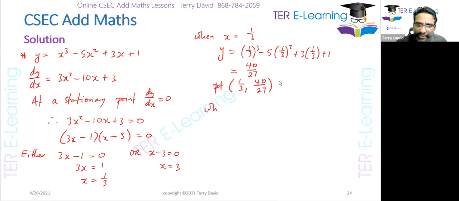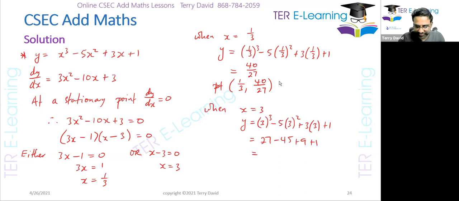So when x is equal to 3, that was our other stationary point, y is going to be equal to 3 cubed minus 5 multiplied by 3 squared plus 3 multiplied by 3 plus 1. So 3 cubed is going to give me 27. 3 squared is 9, times 5, this is minus 45, plus 9 plus 1, right?